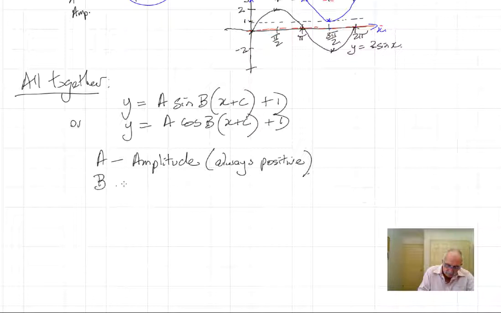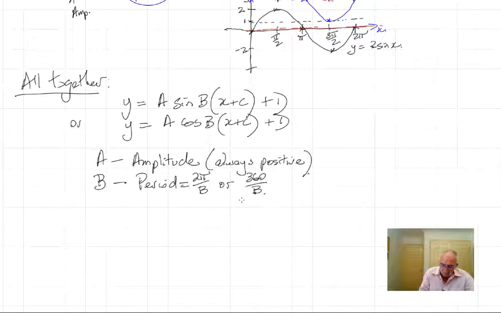B gives us the period. B isn't the period. The period is equal to 2 pi divided by b if you're in radians, or 360 divided by b. So whatever the number is there, just put 2 pi over it, or 360 divided by that value, and that will give you the period.